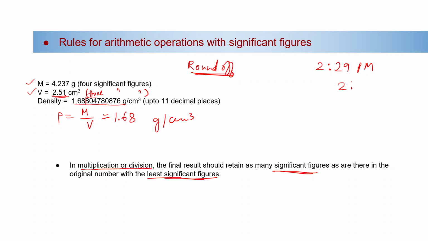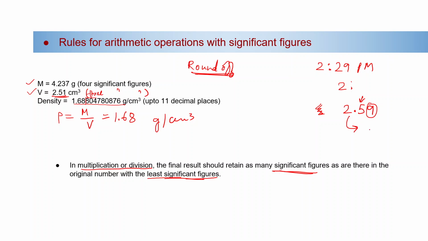Like here, if you remember again, there are two rules for rounding off. Let's take an example. If I have a number like this and I have to round it off to this decimal place, then if this digit is more than 5, the number before will increase.